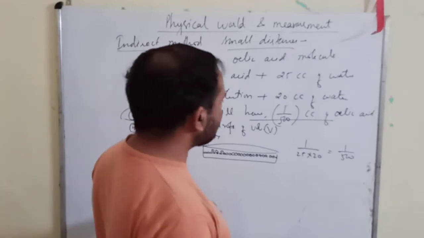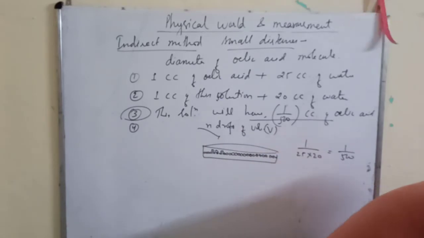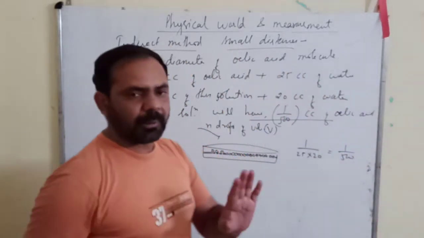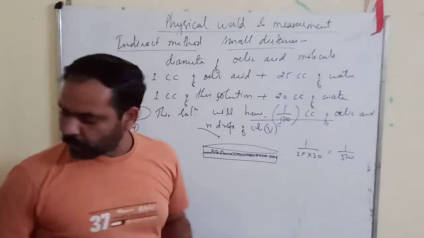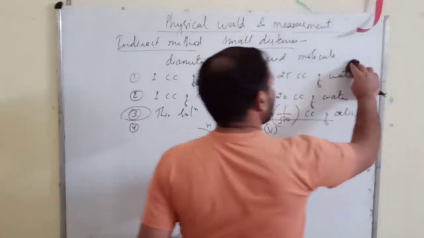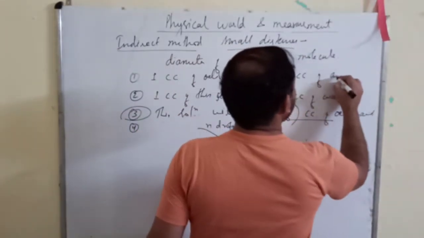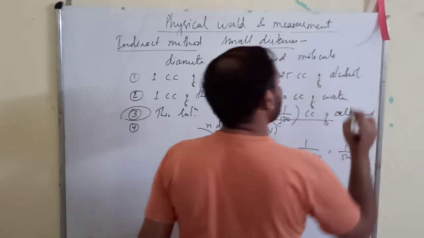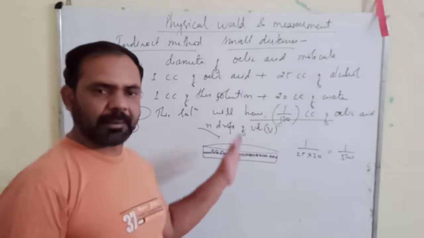Just a minute, I want to repeat this experiment because there is a change. It is not water, it is alcohol. Sorry, ethanol. Ethanol is a type of alcohol; methanol, ethanol, propanol are all alcohols.